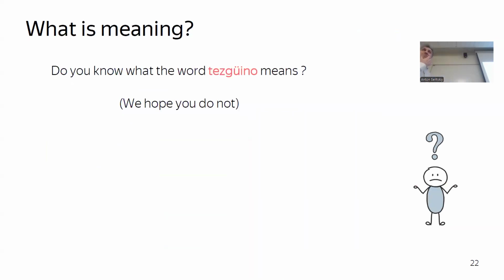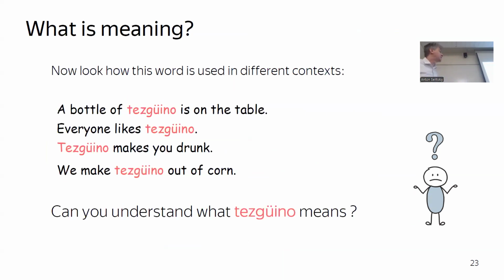So, for example, I hope you don't know the meaning of this word, тезгуина. But let's try to look at the sentences with this word. A bottle of this word is on the table. Everyone likes this word.